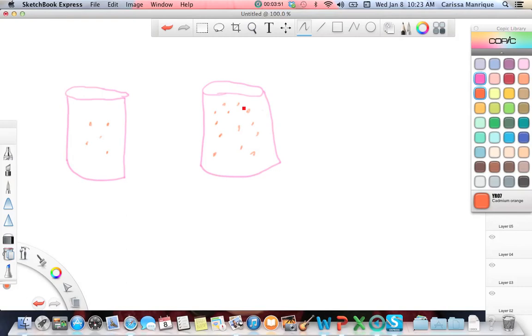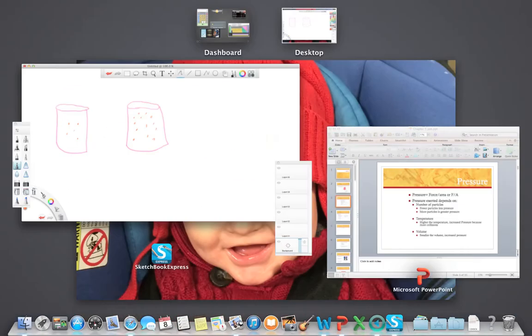Does it make sense that since there are more molecules, there's a greater chance of hitting the container? There are 13 molecules in here versus only 5 in this one. So the pressure is greater in here. The more molecules you have in a container, the greater the pressure.